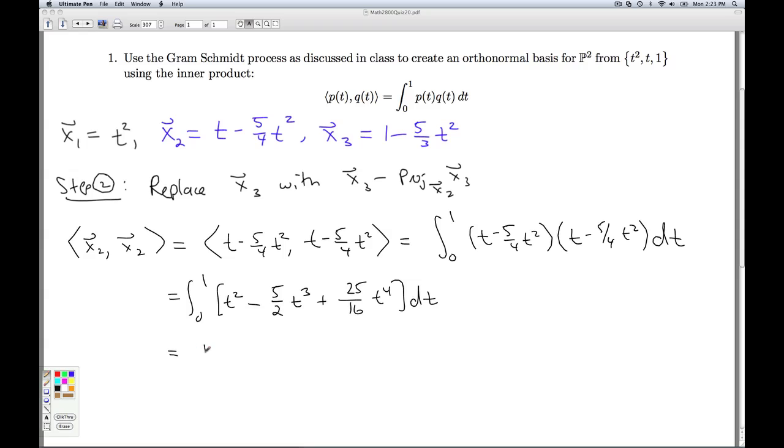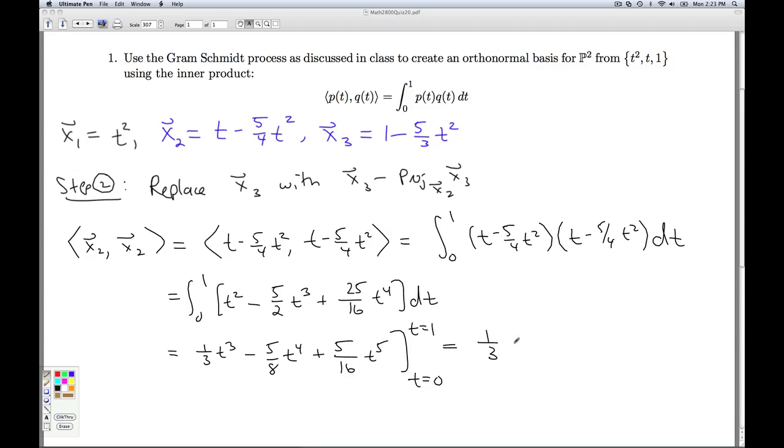So I integrate this, I get 1/3 t cubed minus 5/8 t to the 4th plus 5/16 t to the 5th, from t equals 0 to t equals 1.